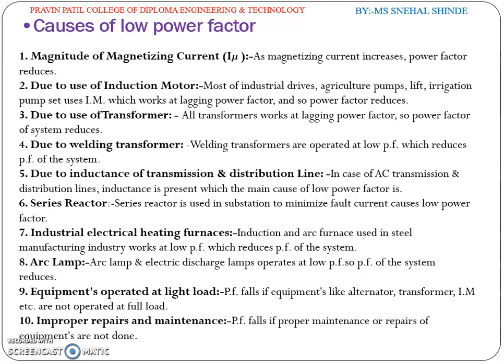So here are the types of load and their power factor. Incandescent lamp has 0.98 to 1. Fluorescent lamp has a power factor of 0.6 to 0.8. Neon lamp used for advertisement has 0.4 to 0.5 power factor.